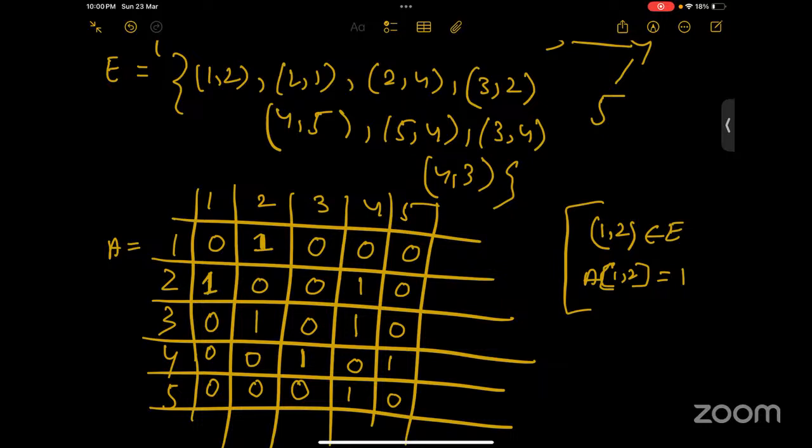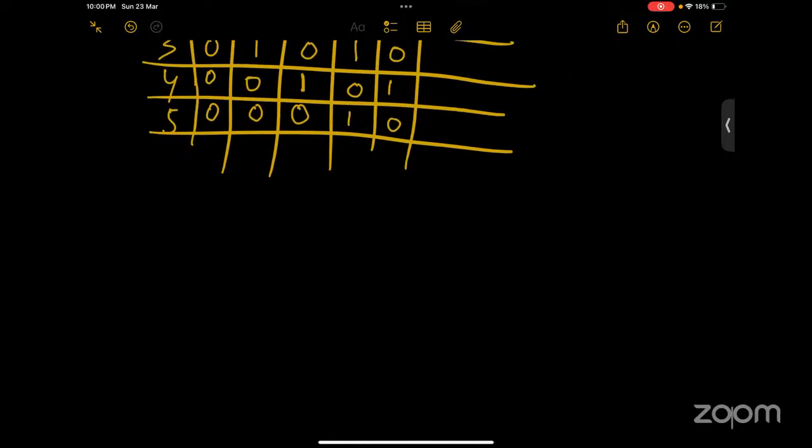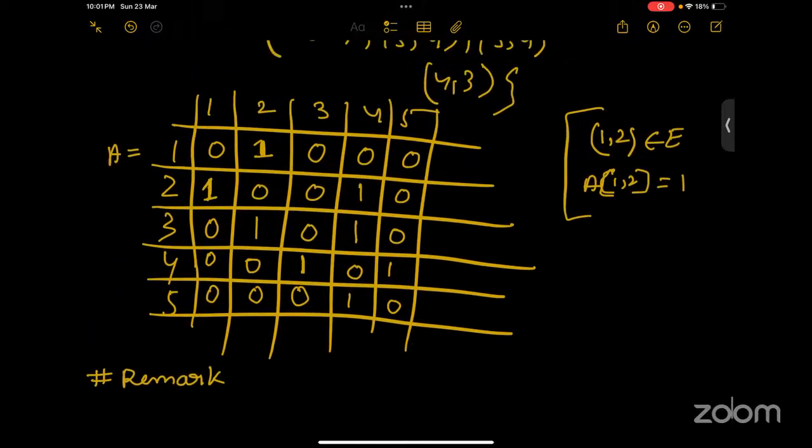So then we have a remark. If the graph is undirected, then the adjacency matrix will be symmetric. Can any one of you give me the reason why is it so? Because here it's always reflexive. Yes, the diagonal will be 0.